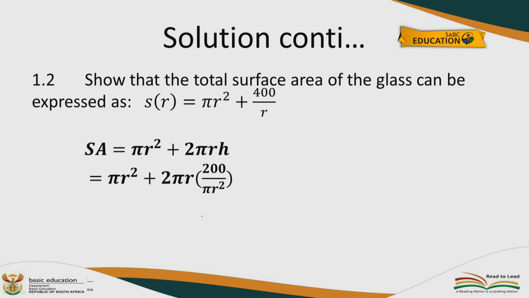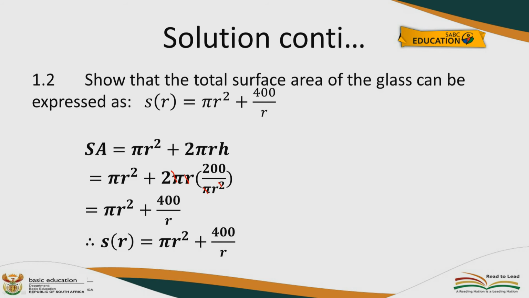We are going to replace our h with the expression that was given for h, which is 200 over pi r squared. If we simplify, the pi cancels with the pi in the numerator, the r cancels with one of the r's in the denominator, and then you multiply the 2 with the 200 and you get 400. So this gives us that the surface area is pi r squared plus 400 over r, which is exactly what we were asked to show.